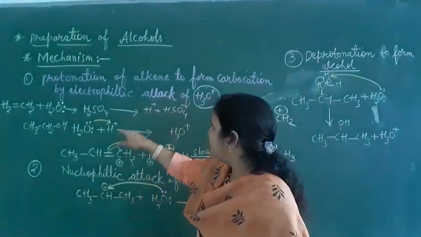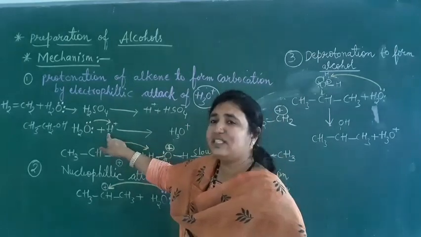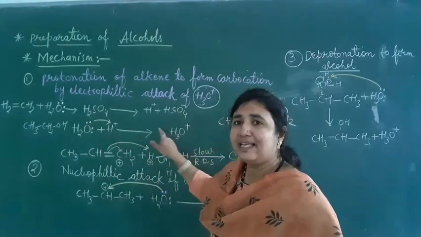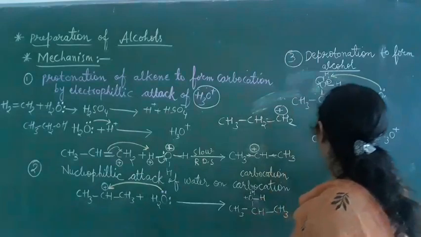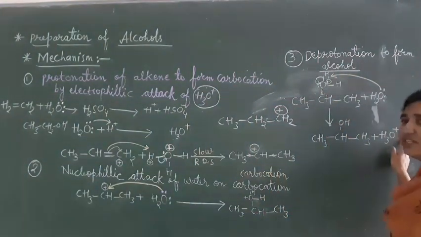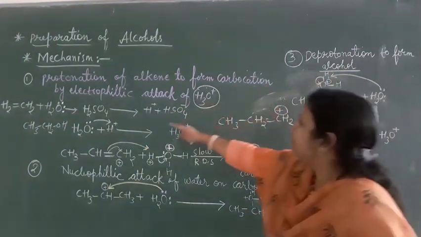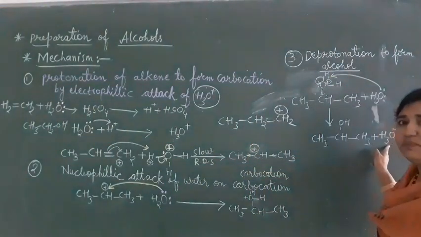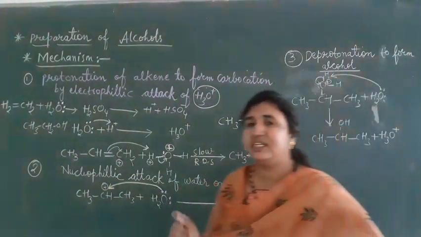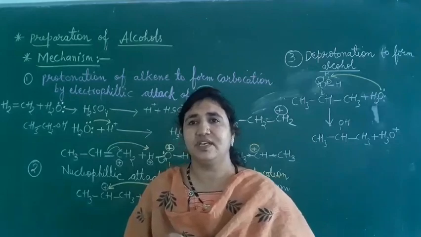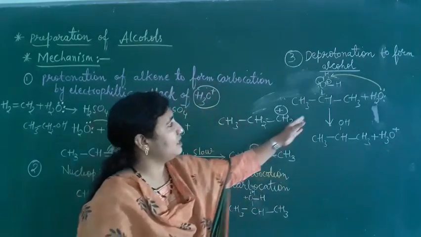It comes into the reaction as H plus, and again it is removed from the reaction. So H plus ions enter and exit here. That's why the acid acts as a catalyst here.